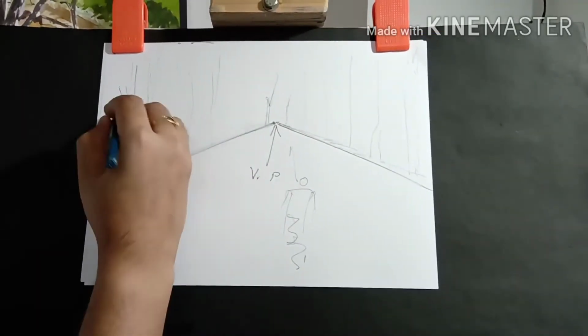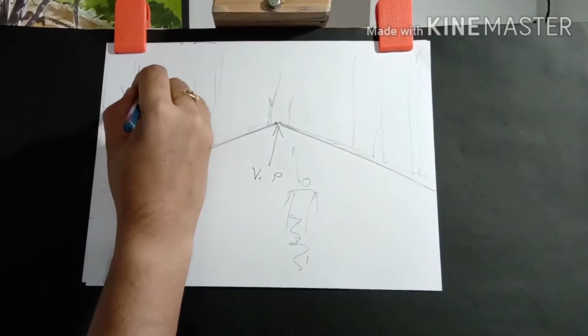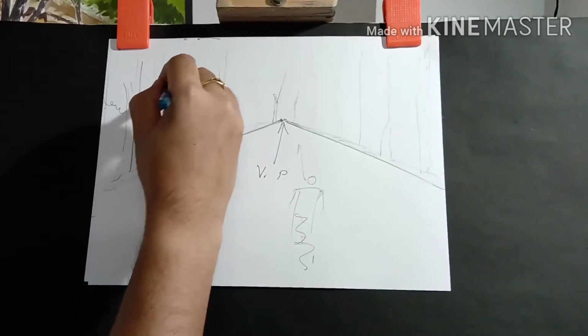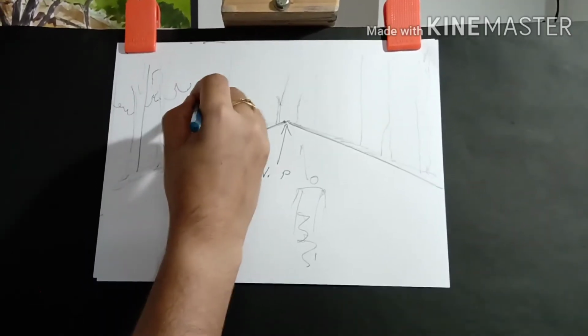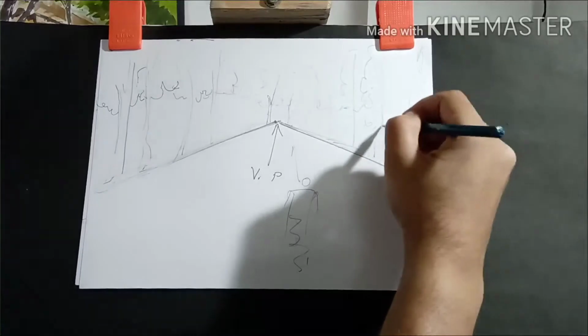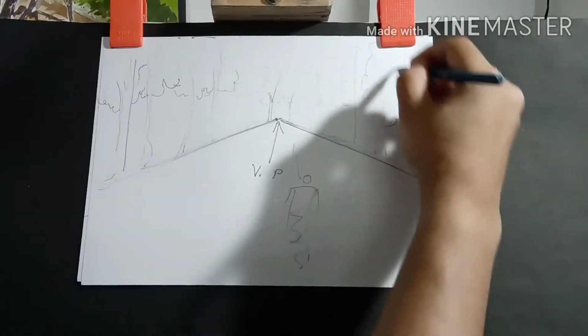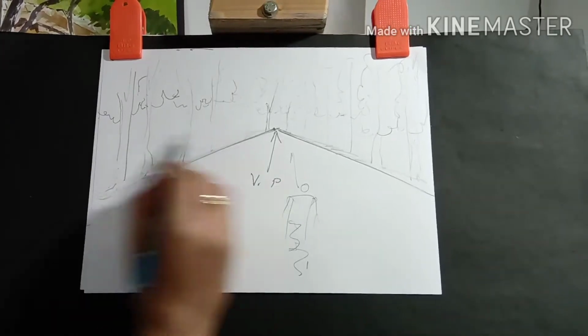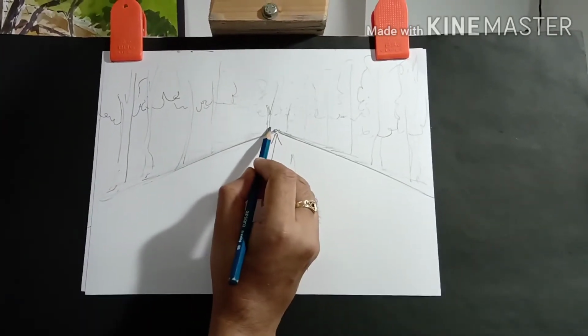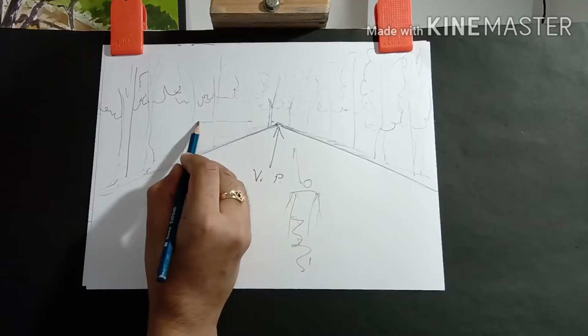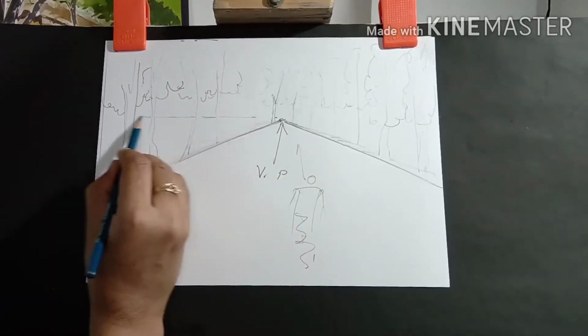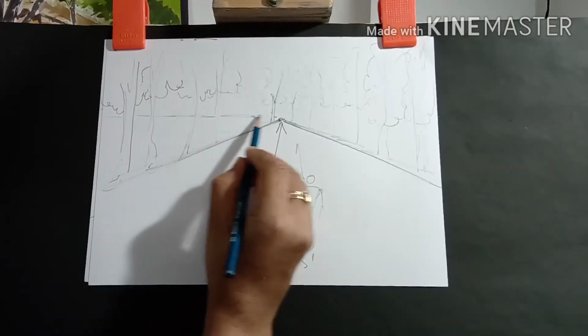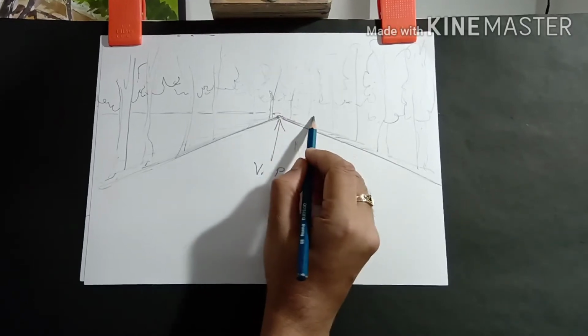Now let's add detail to this picture. Okay, now in this drawing, from this point we have to draw one line. It is very important for drawing.